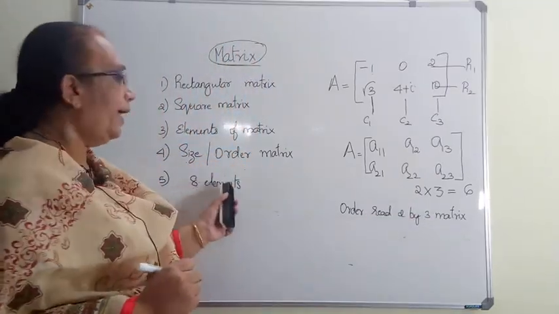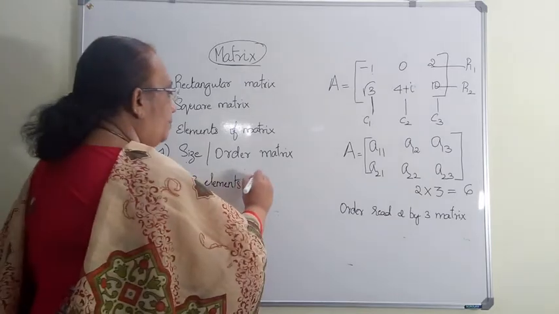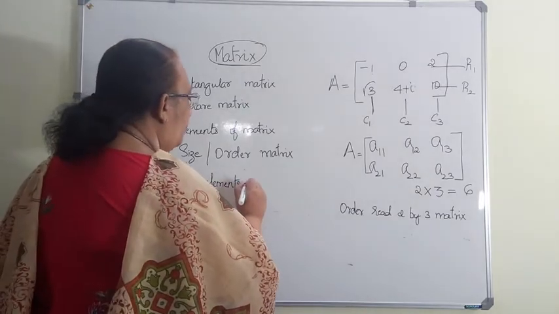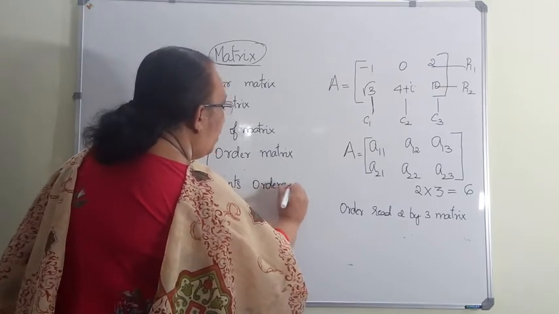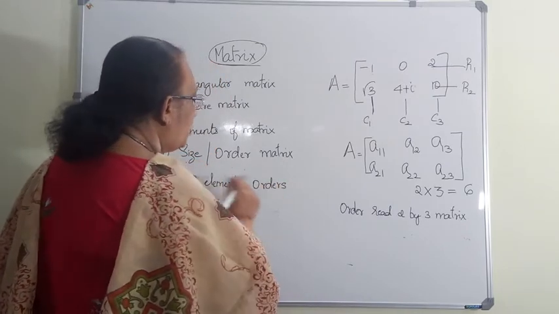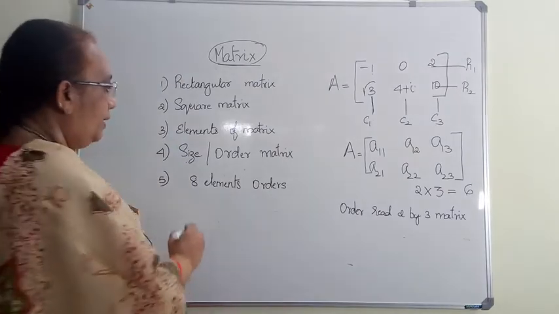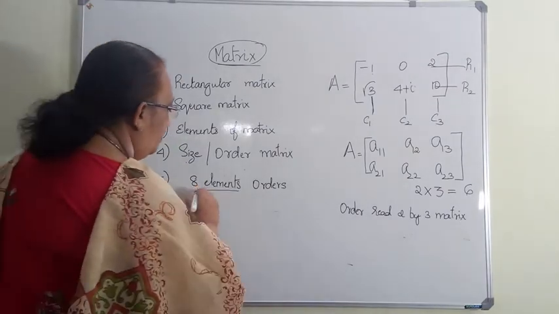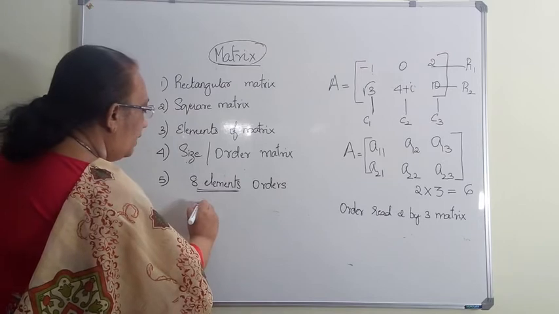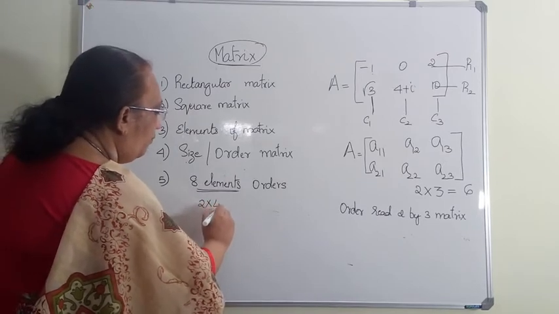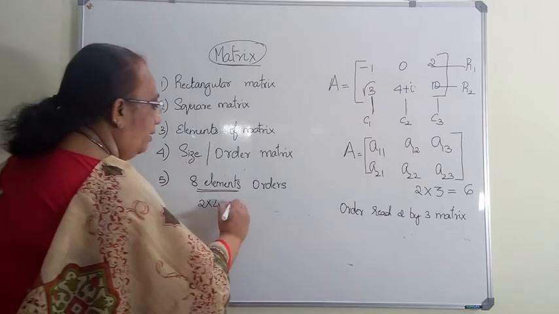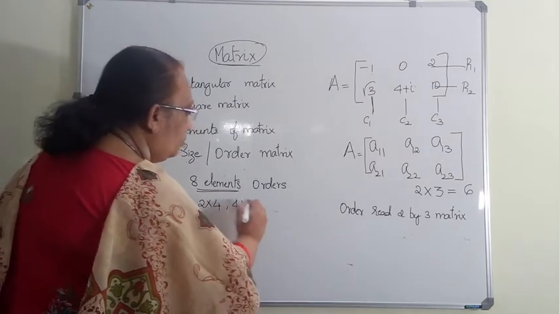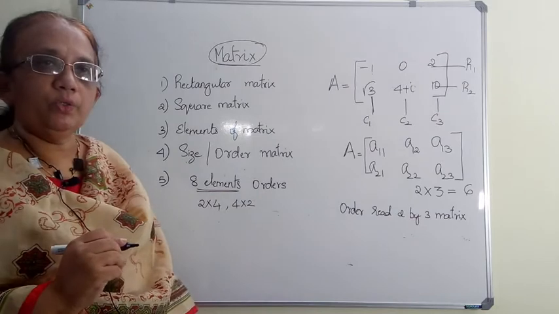Orders means what are the possible sizes of the matrix? Okay, you are telling 2 by 4 because 2 into 4 is equal to 8. Correct. Then 4 by 2. Yes, 4 by 2. 4 into 2 is equal to 8.